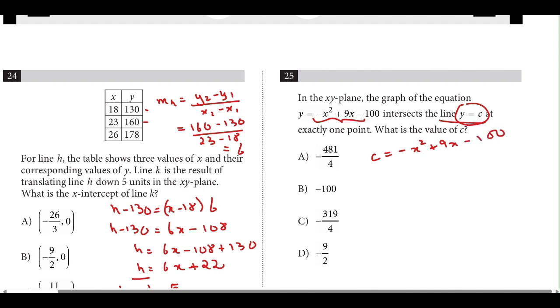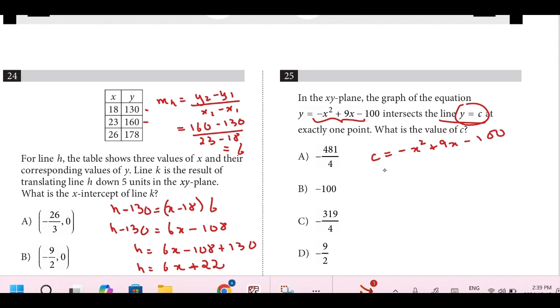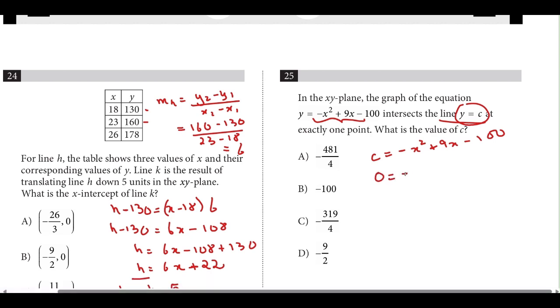Now let's make it an equation or function, which gives us negative x squared plus 9x minus 100 minus c. And let's get rid of the negative with the first term, so I'm going to multiply a negative to all of them, which gives me this. Now I have a very clean function like this.